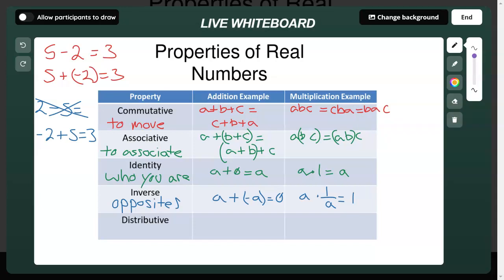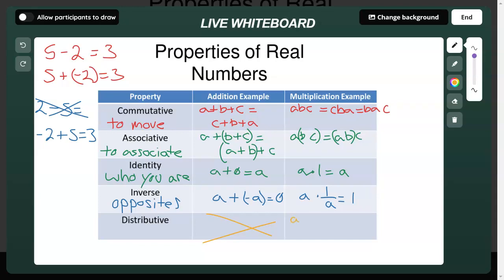Distributive. Out of all of these, I would probably say at this level in math, distributive shows up the most. Now, luckily with the distributive property, there is no addition example. There is no addition distributive. There is multiplication though, and it shows up a lot.